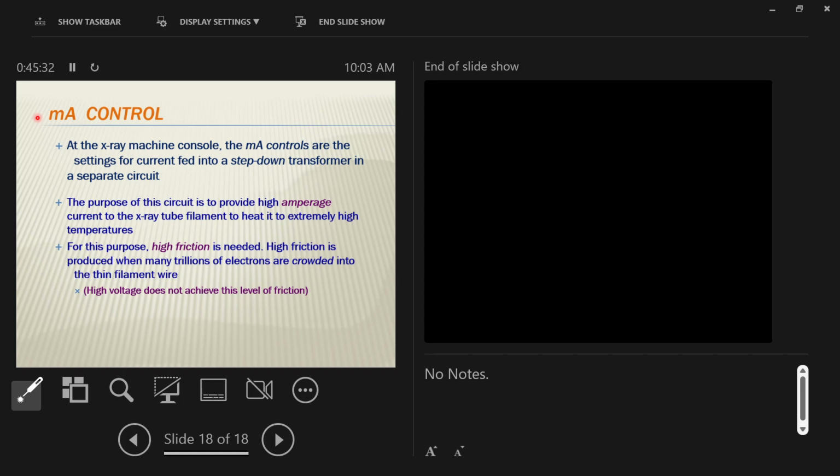Okay, so on an X-ray machine, kVp and amperage are your two main settings. One controls how fast the electrons move through the circuit, the other controls how many move through the circuit. So again, it's not just pushing a button, right?